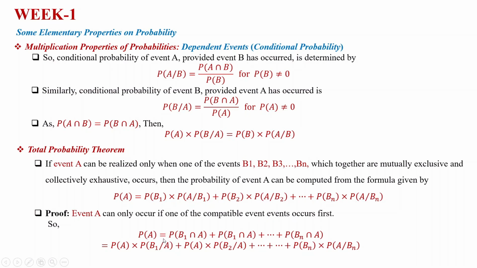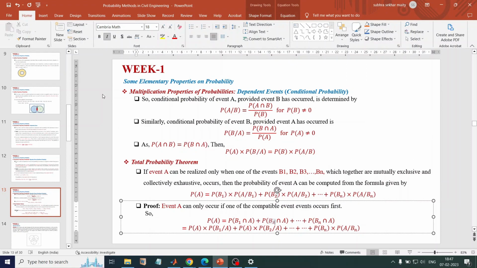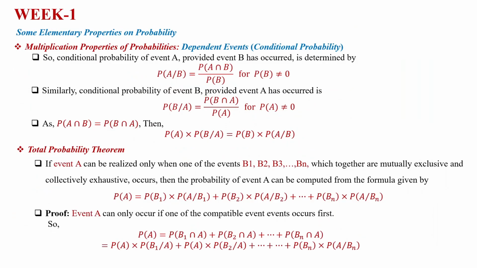That is, P(A) equals P(B1 intersection A) plus P(B2 intersection A), and so on. Then P(B1 intersection A) equals P(A given B1) into P(B1), which comes from the conditional probability formula.